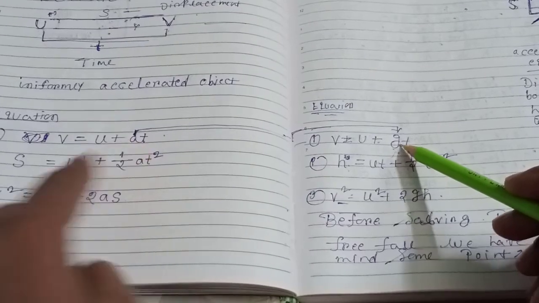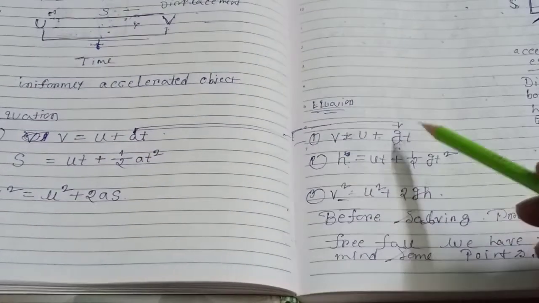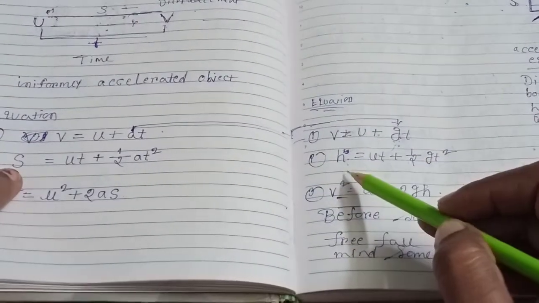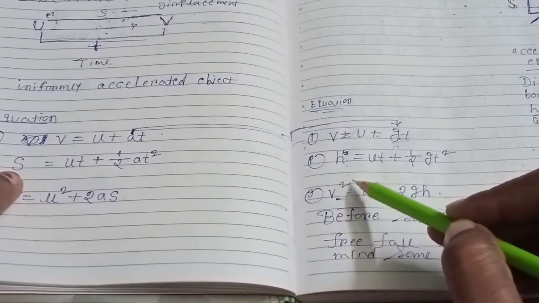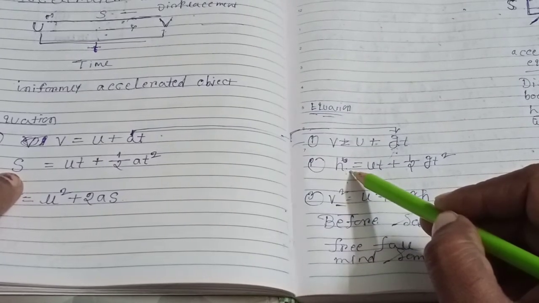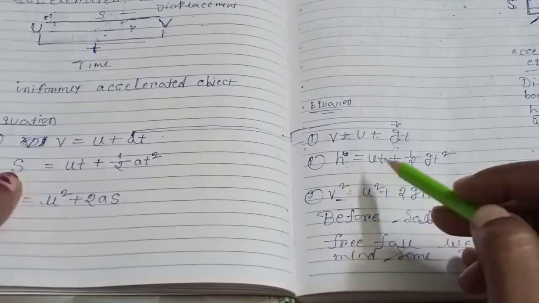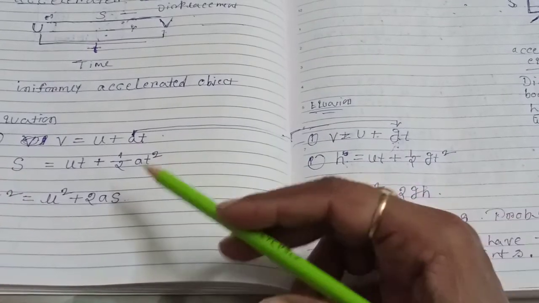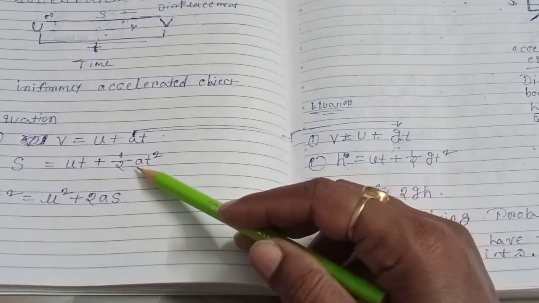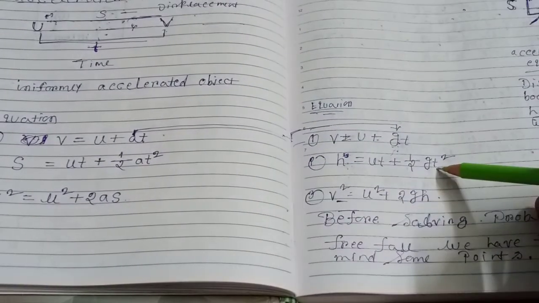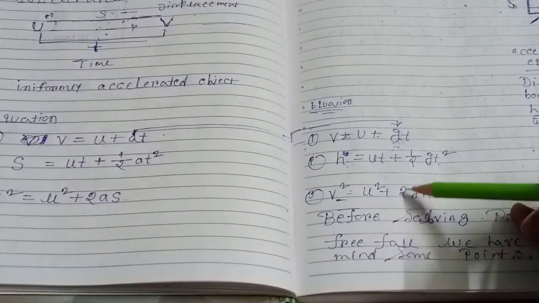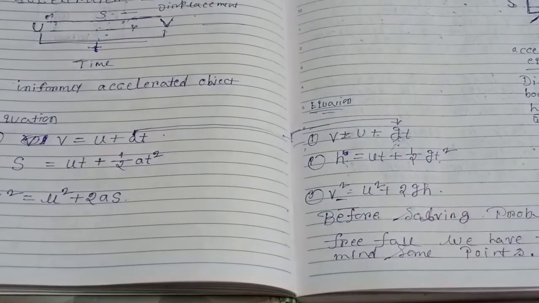And s will be changed into h, as we know the displacement of the body is equal to the height through which it falls during time t. So h equal to ut plus half gt square. Here a also changes into g, and the third equation is v square equal to u square plus 2gh.